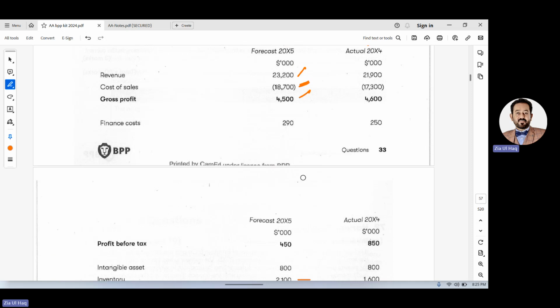How can you calculate profit before interest and tax? 450 add 290, 740 will be profit before interest and tax, divided by interest 290. What is the answer? 2.5. What's the interest cover for last year? 850 plus 250, this will be 1100 over 250. 4.4. Last year it was 4.4.